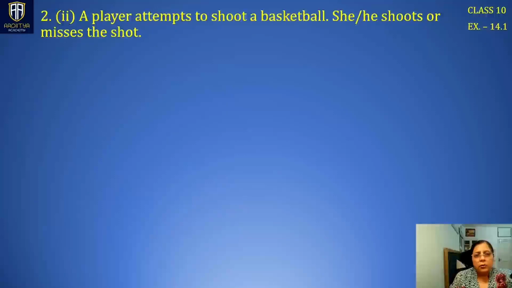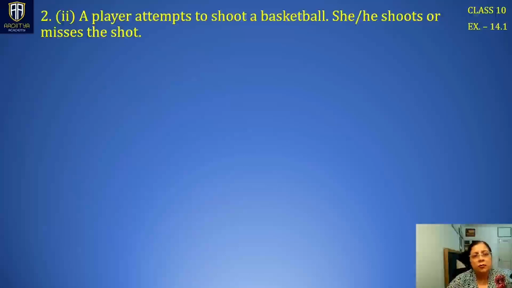A player attempts to shoot a basketball. She or he shoots or misses the shot, right? Now here also, that depends on the quality of the player, how good he is at playing. So whether he misses the shot or he gets through it, that is totally dependent on the conditions he is playing in and what kind of player he is.